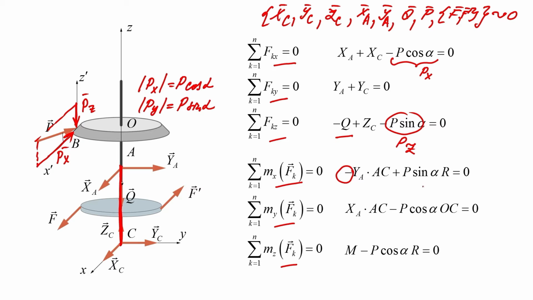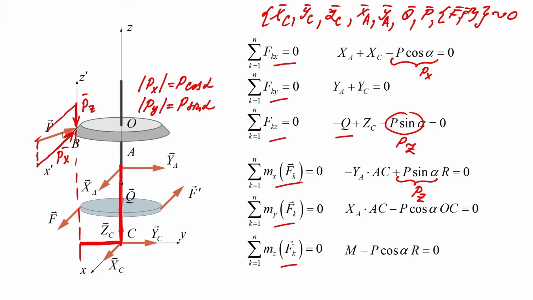The moment of force P is equal to the product of the magnitude of the axis z component and the distance from the force's line of action to the axis. This distance is equal to r, and the moment can be written with the positive sign, because the component Pz is tending to rotate the body counterclockwise.